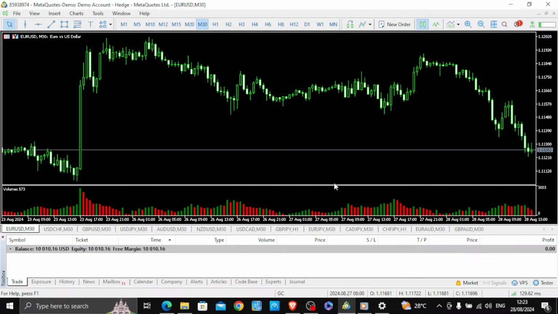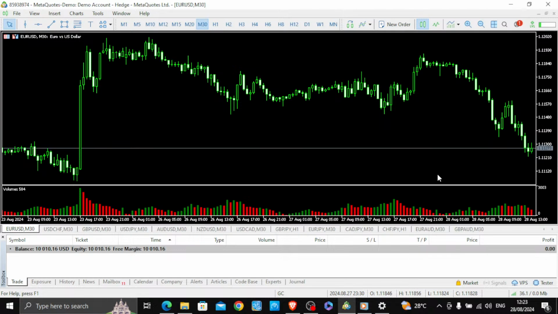Okay. So, if you're a beginner, it is advisable that you choose only one currency pair, or at most between 2 to 5 pairs.